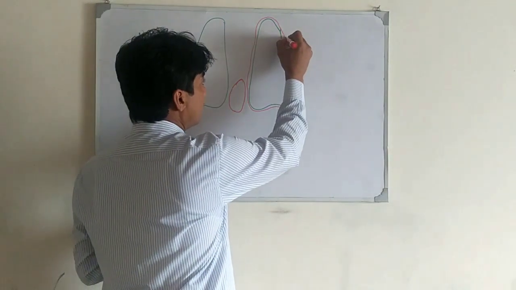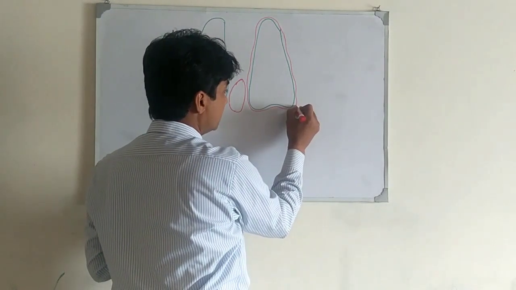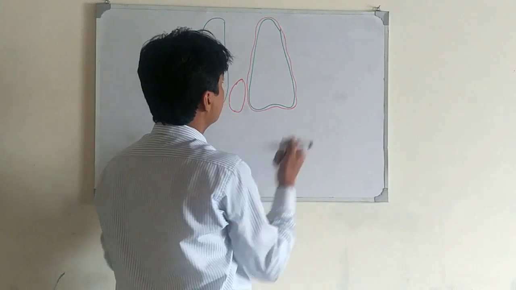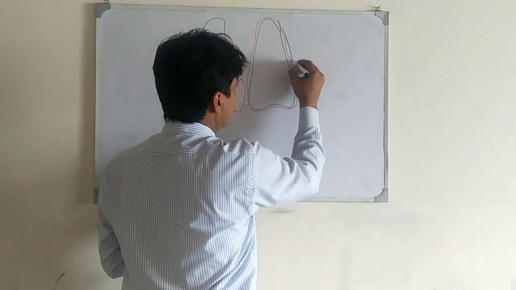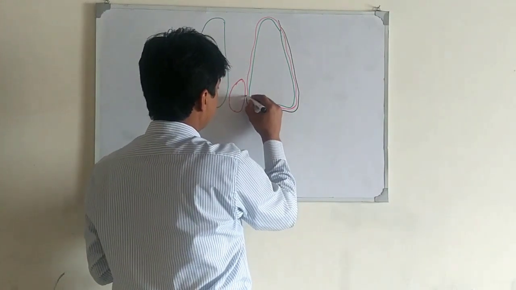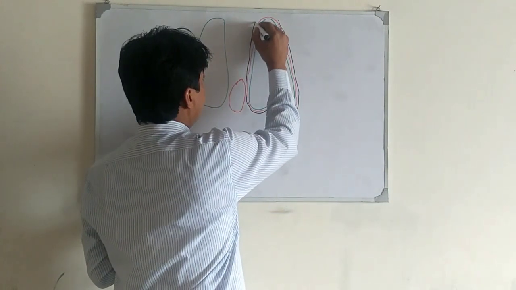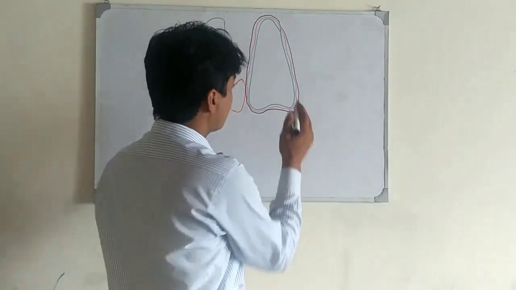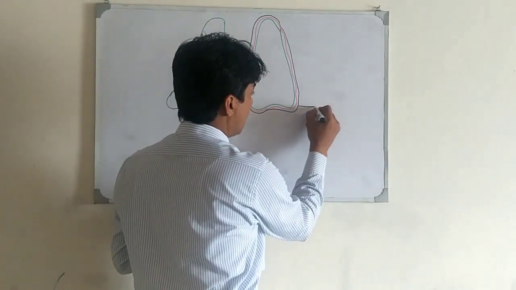The outer layer is near the ribs, and this is the inner layer.